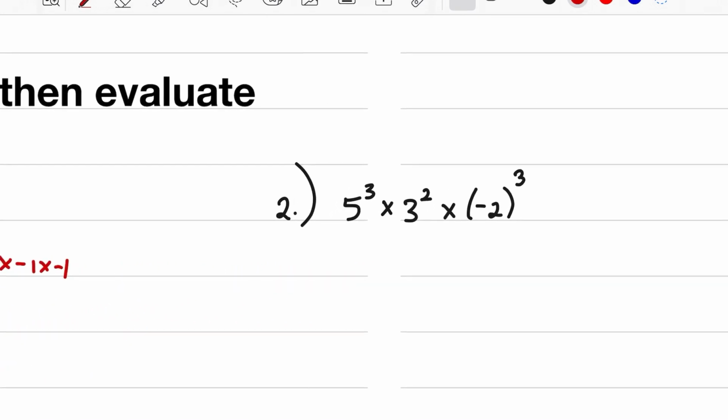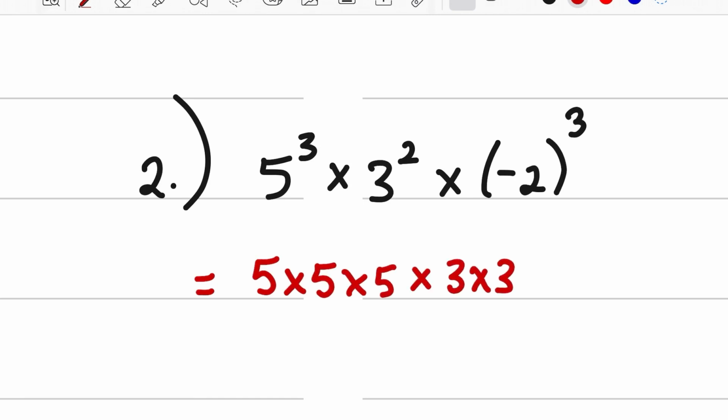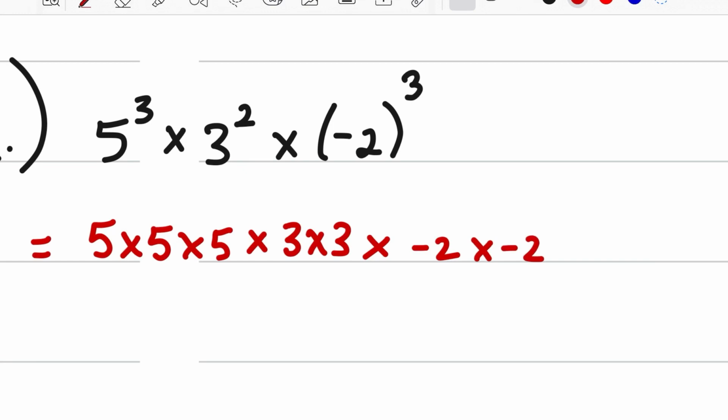Let's move on to question 2. Question 2 says 5 cubed multiplied by 3 squared multiplied by minus 2 cubed. So this is 5 multiplied by 5 multiplied by 5, multiplied by 3 multiplied by 3, so 3 two times, multiplied by minus 2 multiplied by minus 2 multiplied by minus 2.